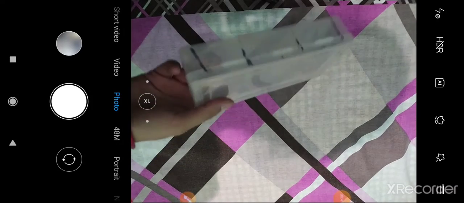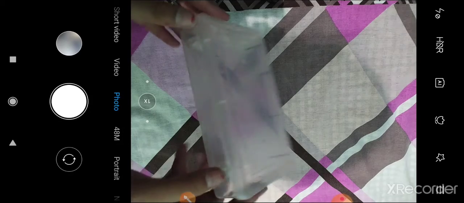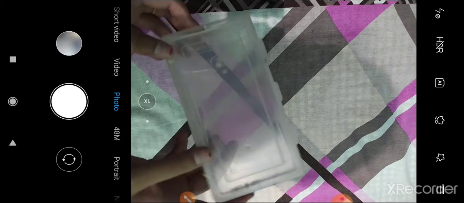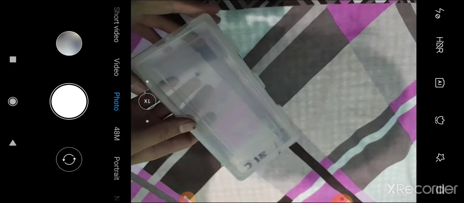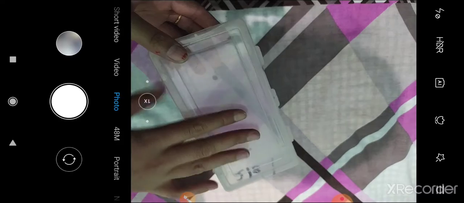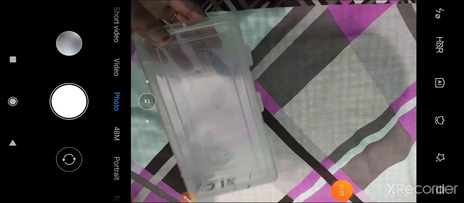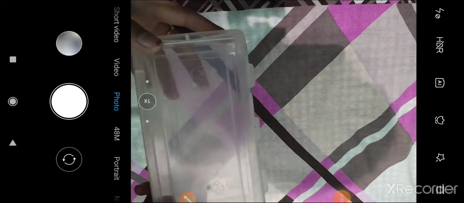So students, I have this box. It is cuboidal in shape, as you can see here. As we discussed earlier, all the solid shapes are made up of polygons, so its faces are the polygonal regions by which it is made.